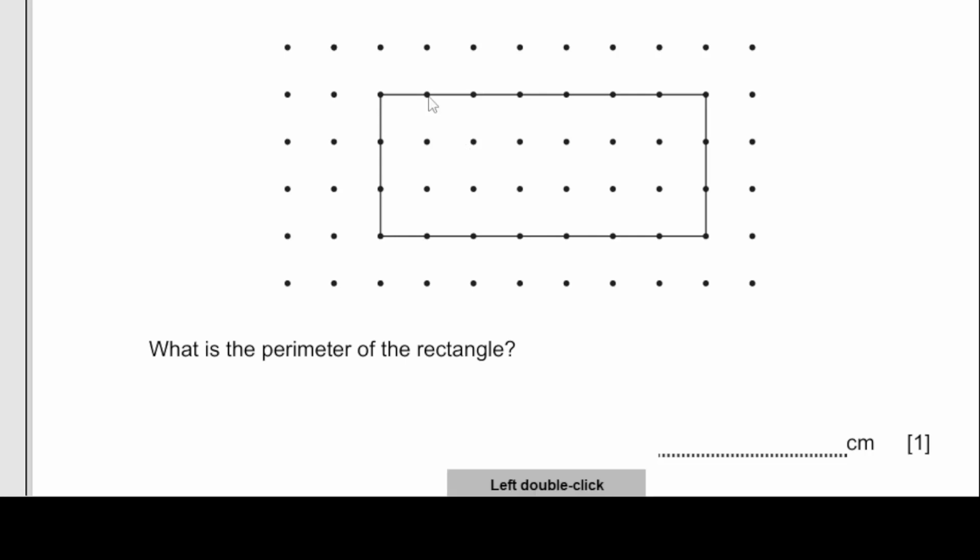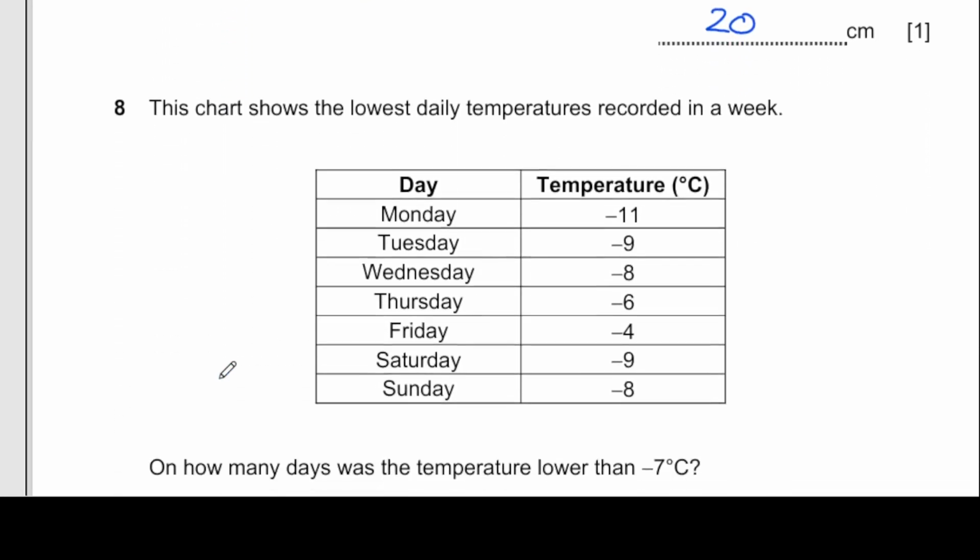So here we have 1, 2, 3, 4, 5, 6 and 7 here. So 7 will be on the other side, and on this side we have 3 and 3. So the perimeter is going to be 7 plus 7 plus 3 plus 3. So 7 plus 3, 10, 10 and 10, it is 20 centimeters, right? So perimeter is the length all around the shape.